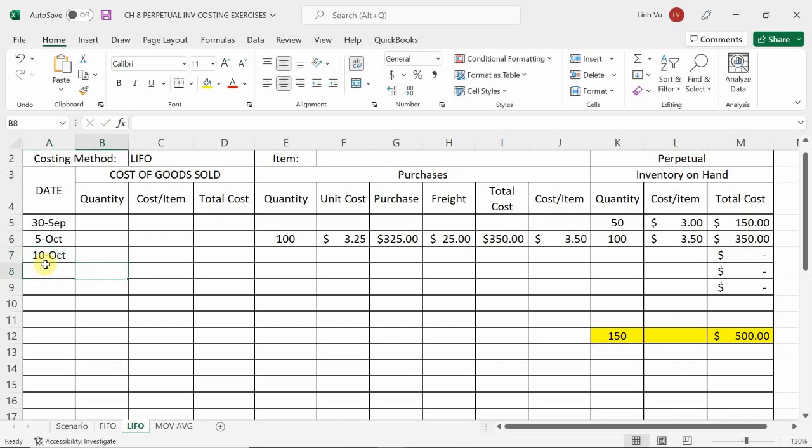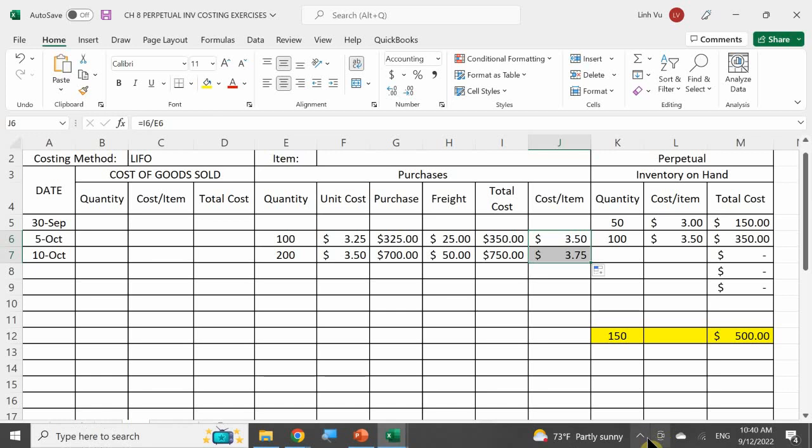In this case, what is my purchase price? $700 plus 50, $750, giving me a cost per item of $3.75.